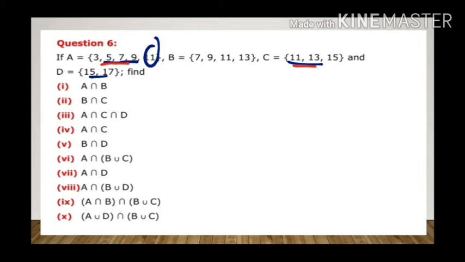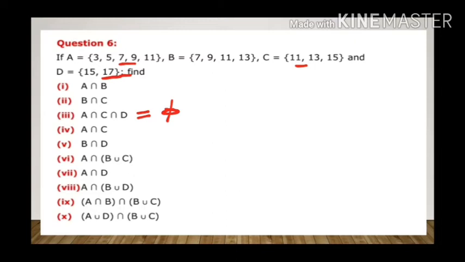But this 11 does not belong to the D set. That means there does not exist any element which is common in A, C and D. So that's why this set will be equal to the phi set or null set.